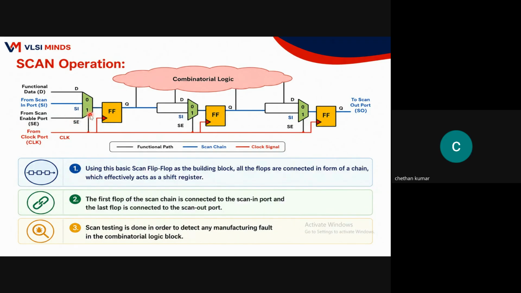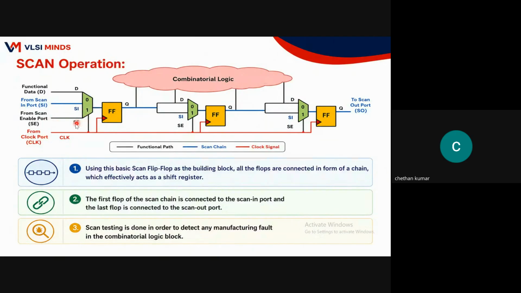This SE pin has to be connected like here, and all the flip-flops are driven with a clock port. When SE is equal to 0, this D data will be connected in this way. You can observe this black colored line will be active. This black path is called the functional path when SE is equal to 0.